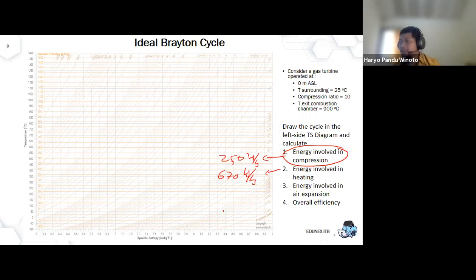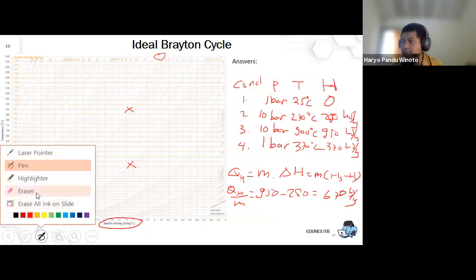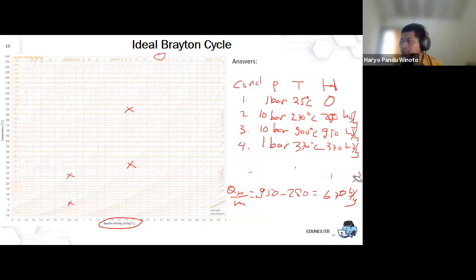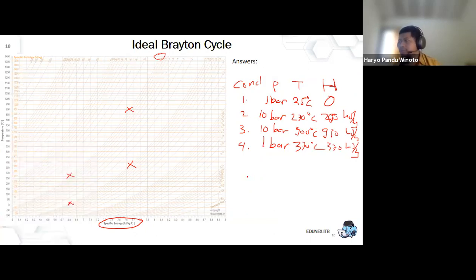And the energy involved in air expansion. So at the air expansion, simple. The turbine is always okay. What should I do?